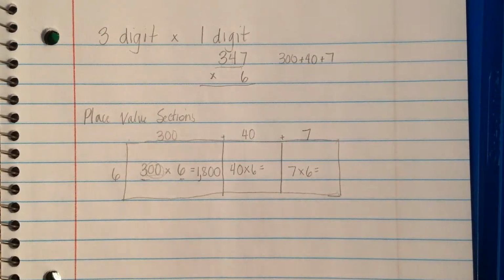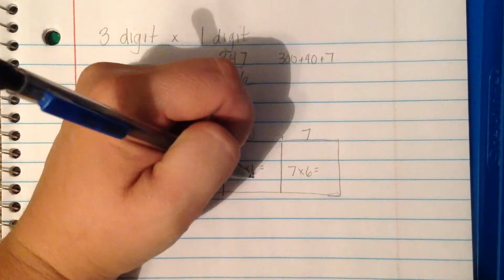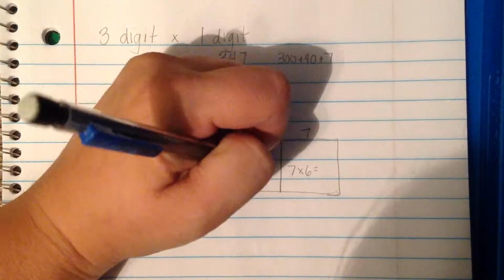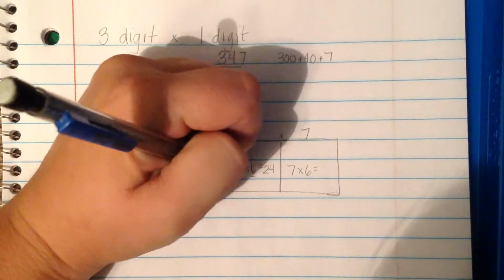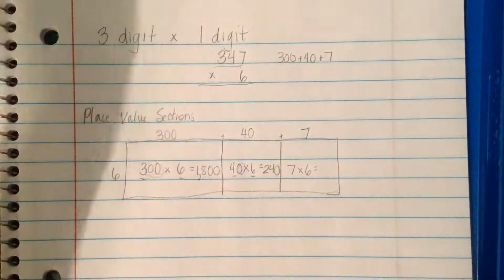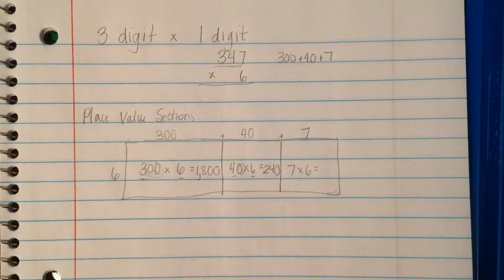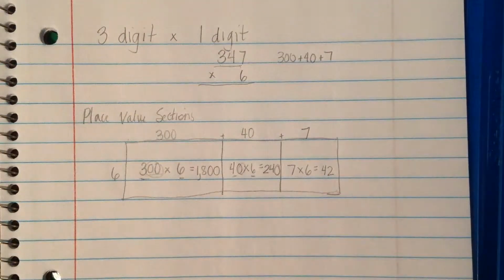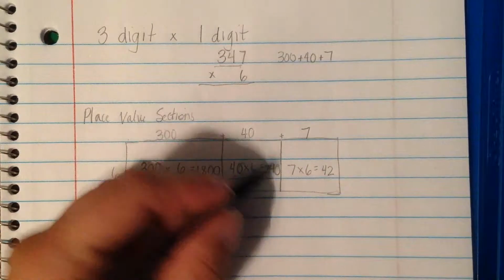Second box, I have 6 times 4. Well, I know 6 times 4 is 24. I again have 1 place value to add back on in the form of a 0. The last box is 7 times 6, which I know is 42. The last step of the place value sections model is to add up my 3 answers.